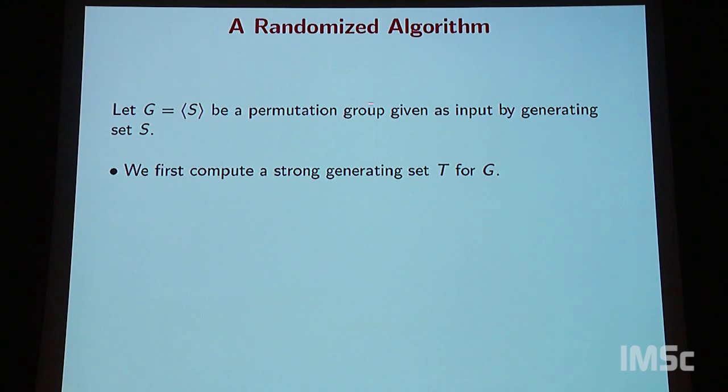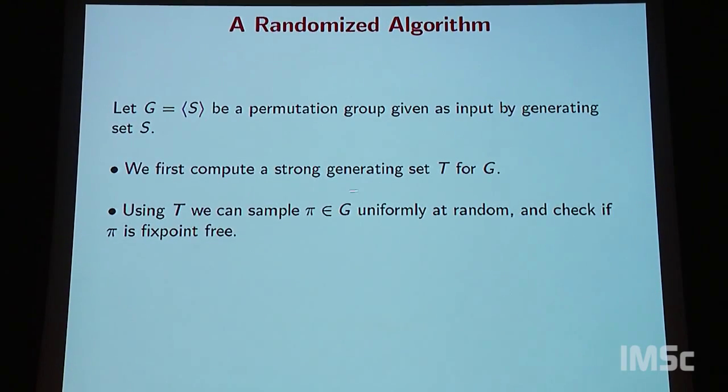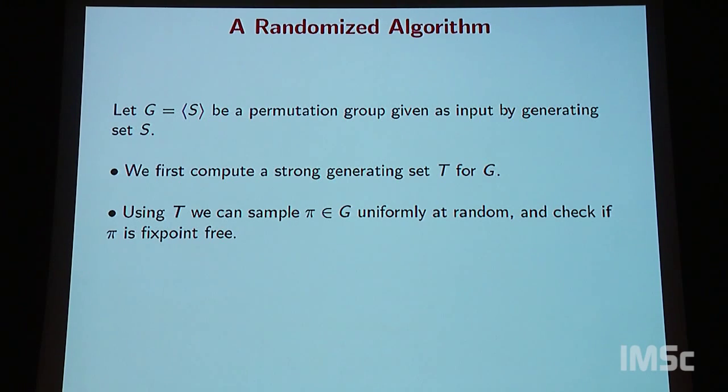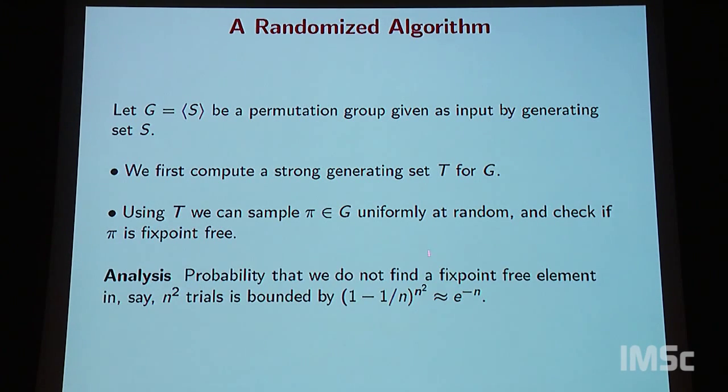If G is a subgroup of Sn given by a generating set, I know that I can efficiently compute a strong generating set, and I told you that once you have a strong generating set, you can sample uniformly from the group G by picking a random coset representative from each layer. You multiply all the coset representatives and that will give you a random element of G. The probability that it will not be fixed point free is 1 minus 1 by n.